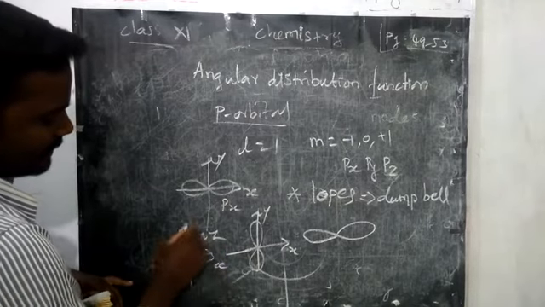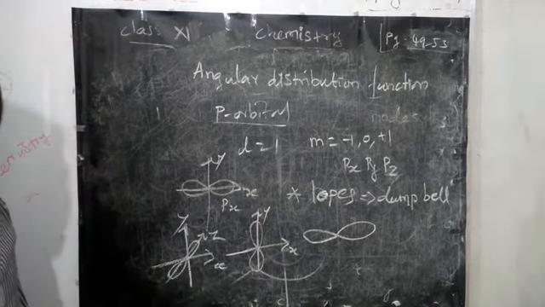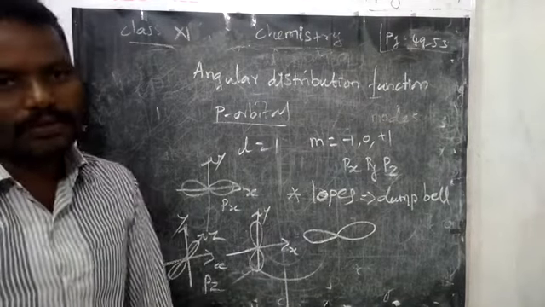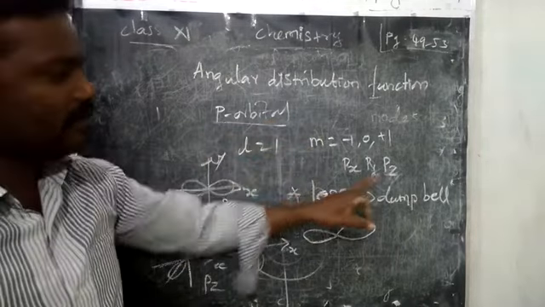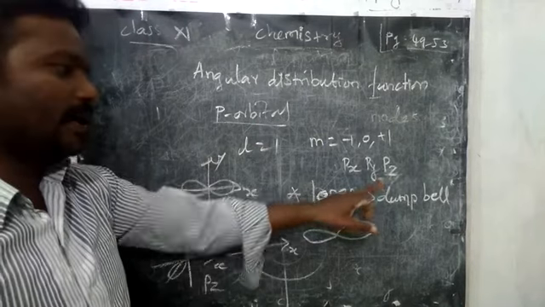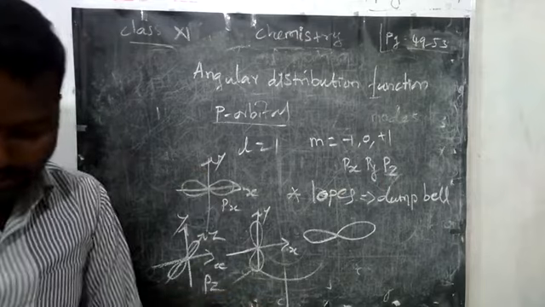X-axis, z-axis, y-axis. If you have the dumbbell shape along the z-axis, we can say that is the Pz orientation. So from that we could understand the p orbital may have 3 different orientations, which have a dumbbell shape. The arrangements also we have seen.